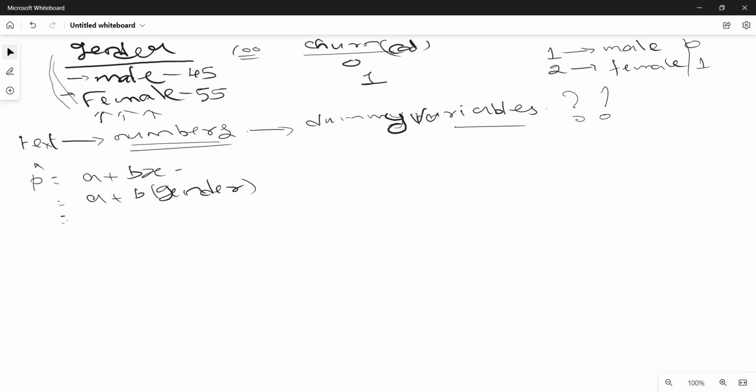So what is going to be my equation? It is going to be P hat equals A plus, so let's put some dummy values. A is going to be, let's say, 0.113 plus, let's say, 0.027 multiplied by, so this is for the first record, P hat of 1. So what is the value of gender? It is male. Now, does this equation make any sense?